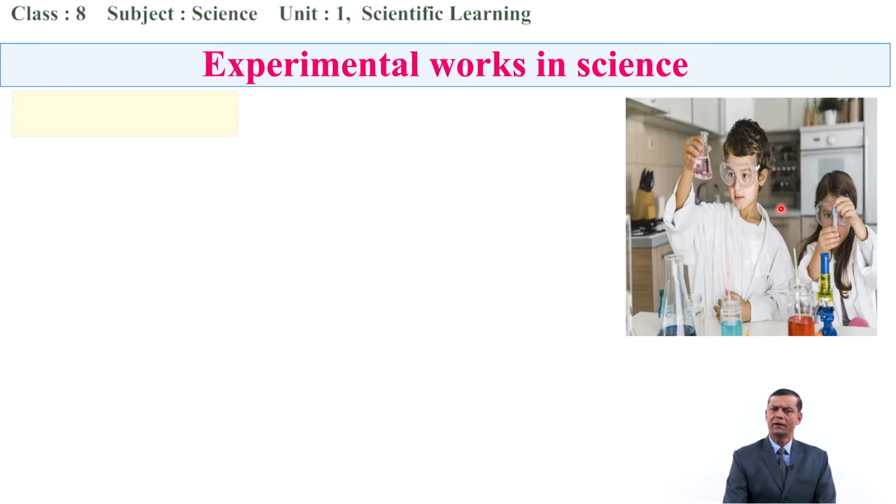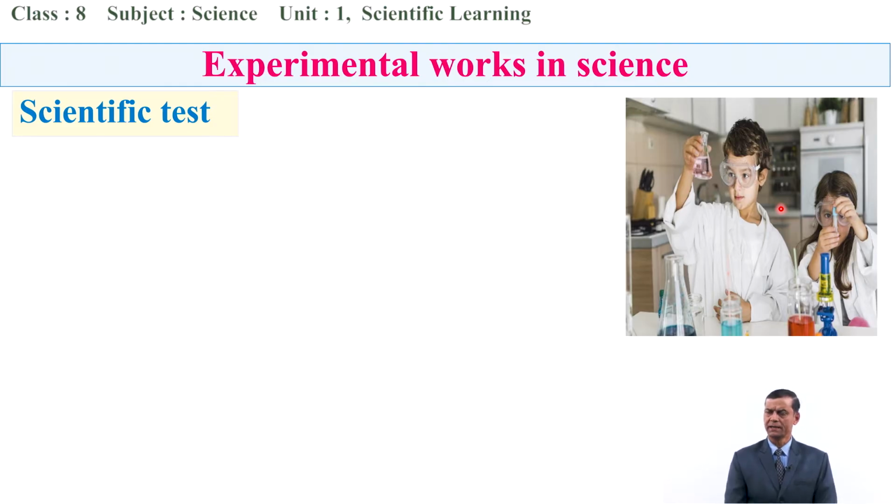Now, under experimental work in science, let's discuss scientific tests. What scientific tests will we do? Different scientific tests. Suppose about acid, base and salt: whether the given solution is acid, base or salt, we can test it.